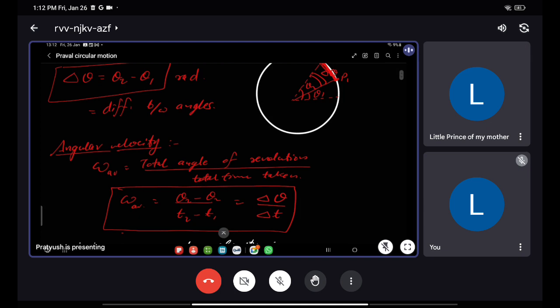See, angular displacement is there. It means the rate of change of angular displacement will be there. And what is the rate of change of angular displacement? That will be called angular velocity.